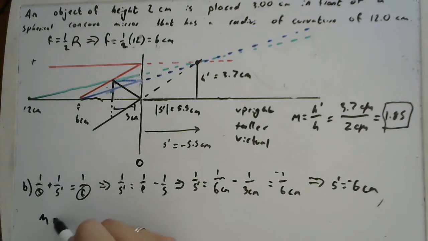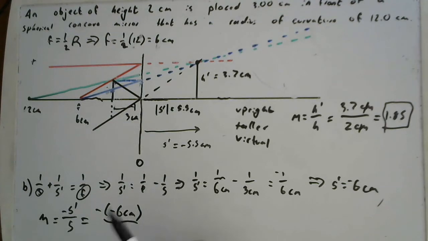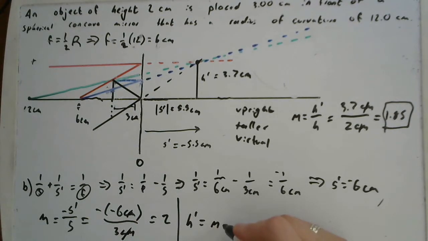Magnification is equal to negative s prime over s, which is equal to negative 6 centimeters over 3 centimeters. Centimeters cancel out, our negative signs cancel out, so we get 2. Yay! And now our h prime is equal to our magnification times our height, because what is magnification?